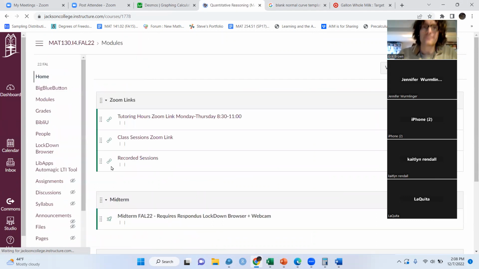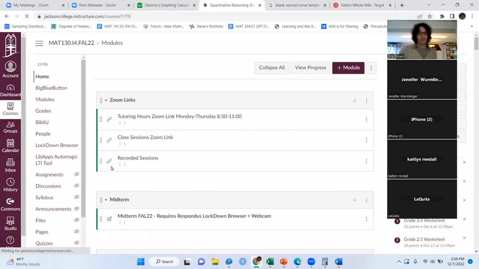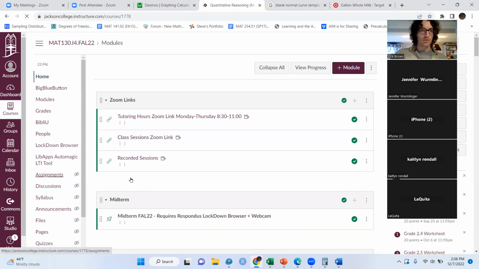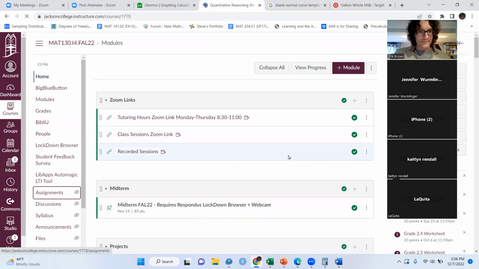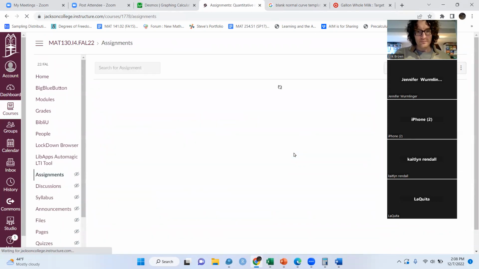Okay. Let's do the last section. And to me, this last section is like the most important section of all. It's the most fun.